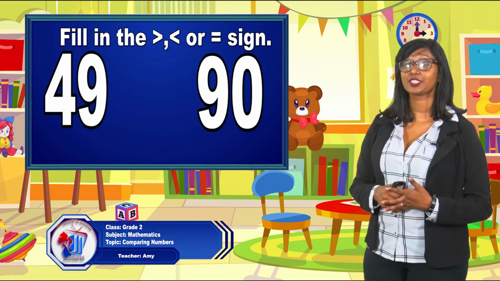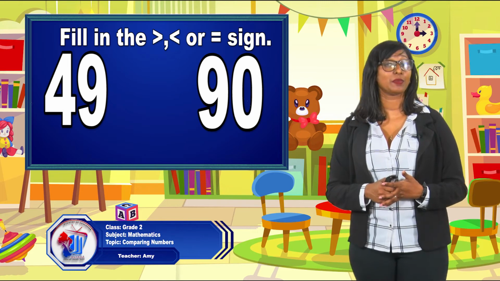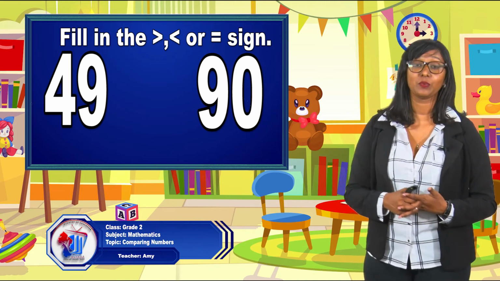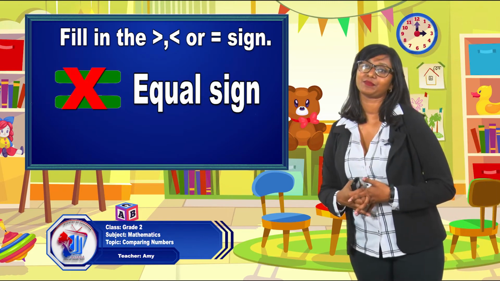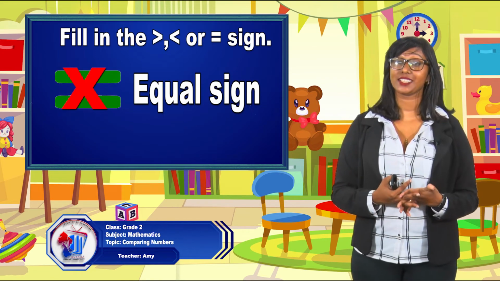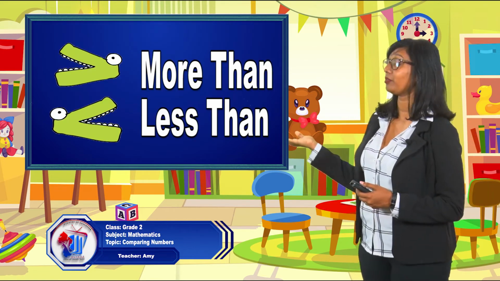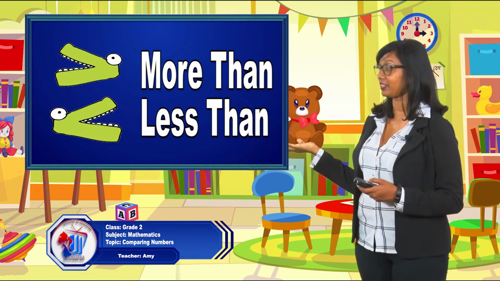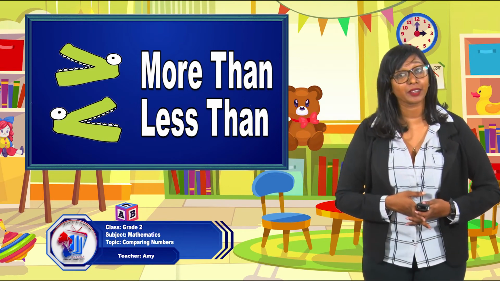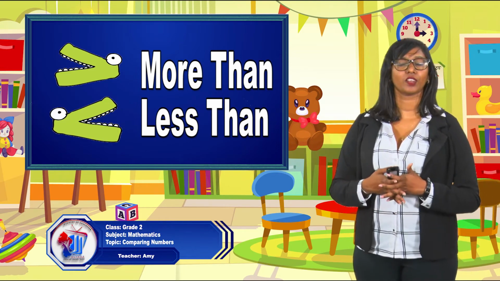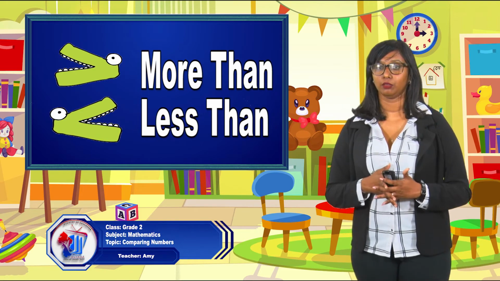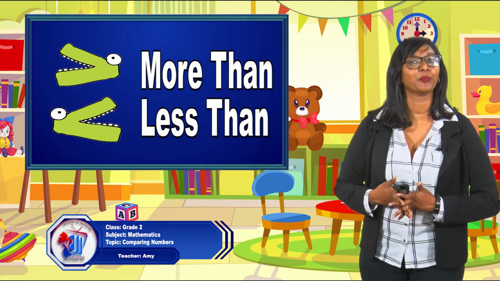These two numbers are not the same. So because they are not the same, we will not use the equal sign. So once again, we have to choose from the less than sign and the more than sign. Remember, the alligator is very, very hungry and he will only eat the bigger number.